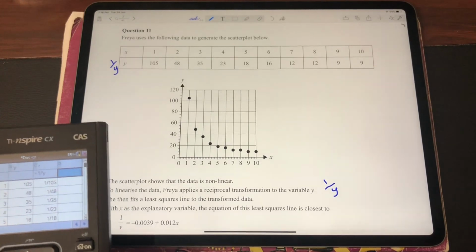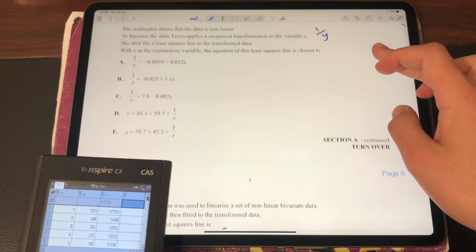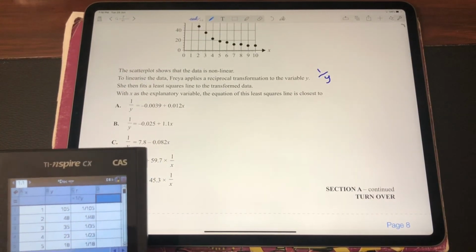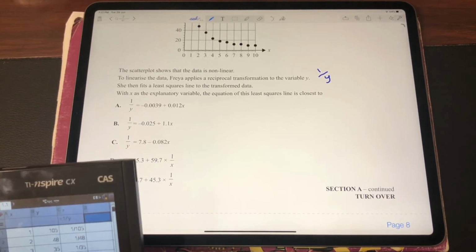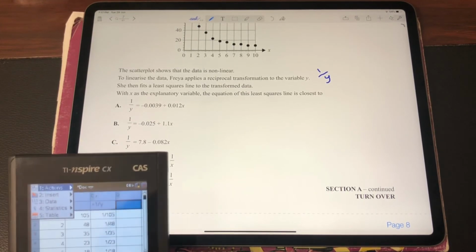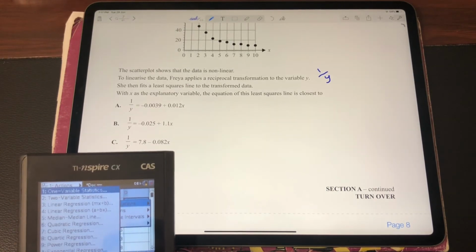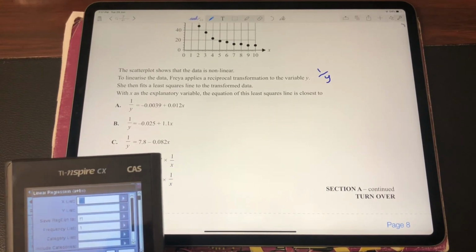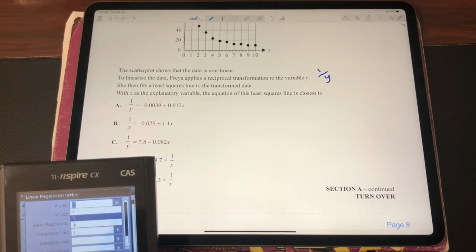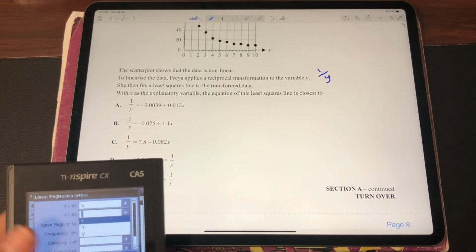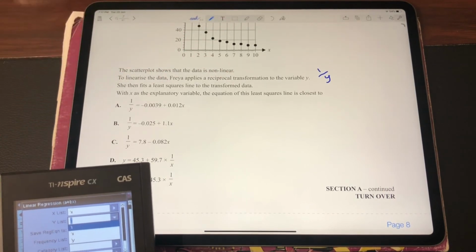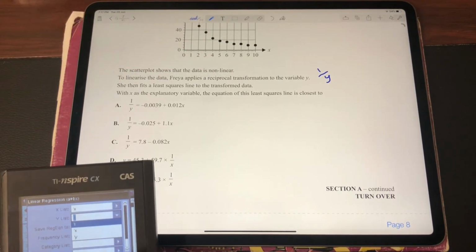So now we need to determine the equation of the least squares line. You go anywhere in the second row, and press menu 4, 1, 4, and you enter the x variable, which is x, and we enter the y variable as our reciprocal transformation, because we have applied the reciprocal transformation to the variable y.